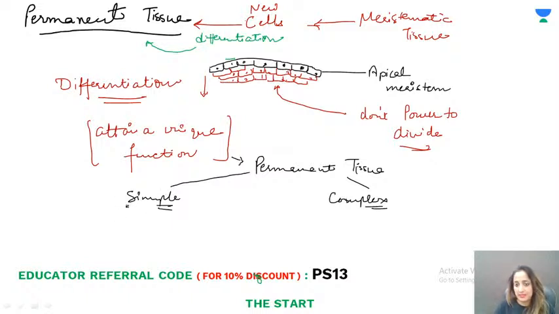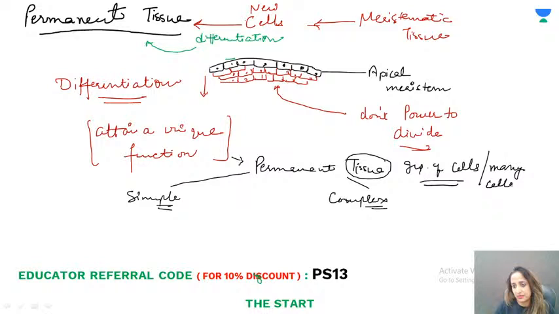Simple means, as we all know, tissue is made up of a group of cells. It means there are many cells present. That is what we call tissue. Tissue is a group of cells.